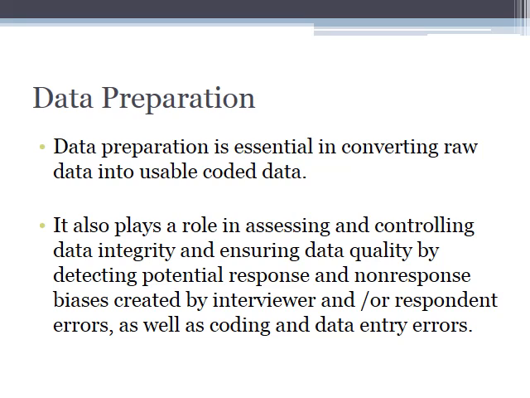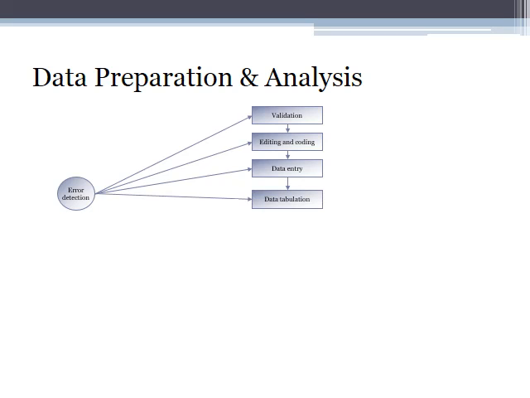For today's lesson, I want you to think of more than just a Qualtrics survey. You may even think of people that are standing outside actually filling in paper surveys and needing to put that into a system in order to be analyzed. So here's all of the steps that we need to think about in terms of data preparation analysis.